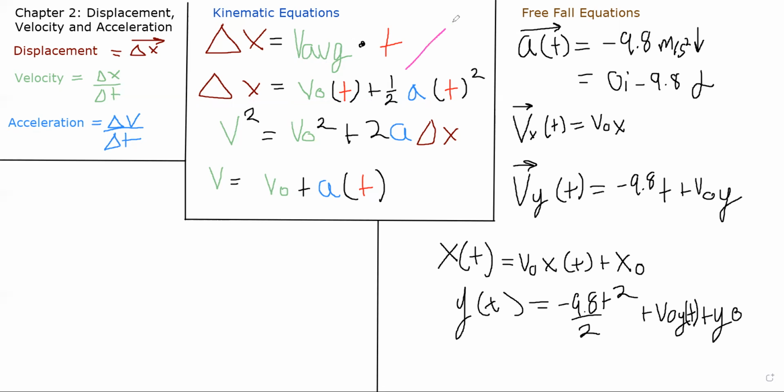So if the line isn't straight, let's say we have, we're going to do black pen, draw, we have a position versus time graph that looks like this, right?